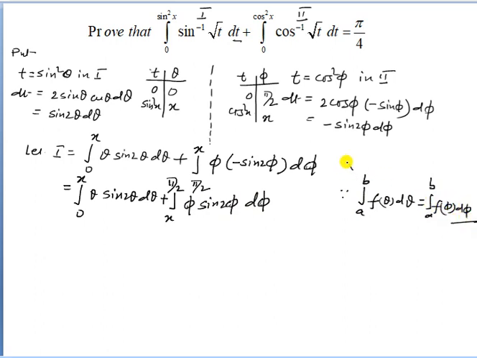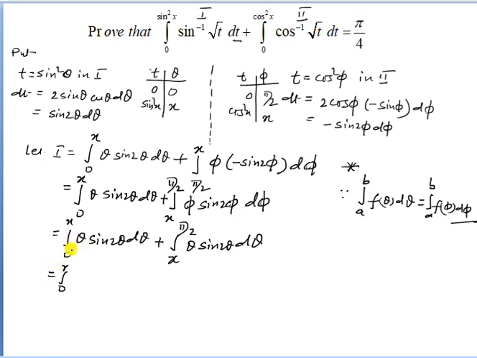This is a very basic concept, so we use it here. So 0 to x and x to 90 of theta sin 2 theta d theta can be directly written as 0 to 90 of theta sin 2 theta d theta.